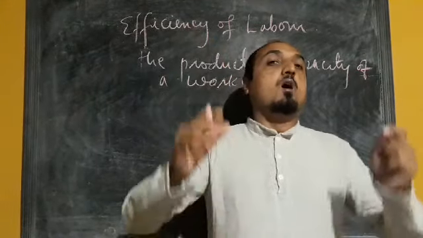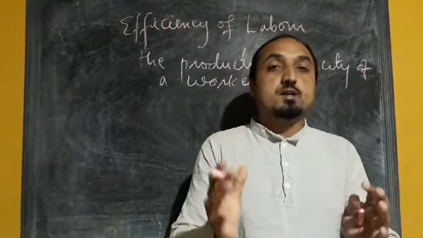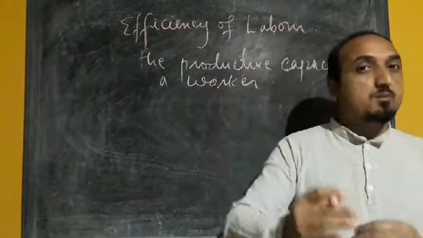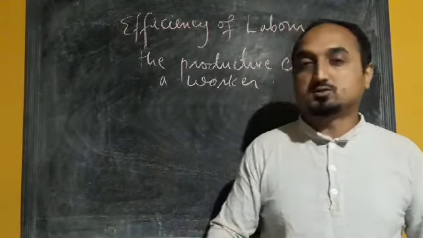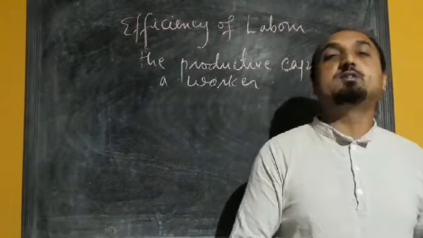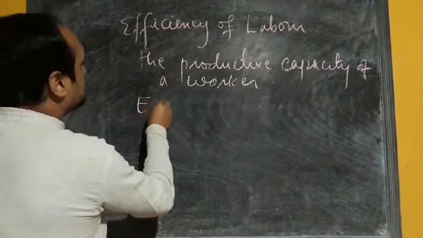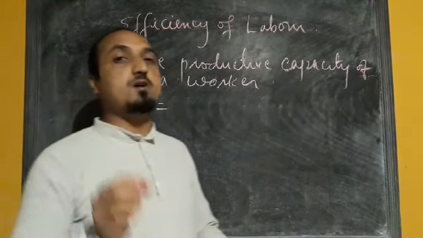That means how much time the worker is taking, or how smoothly the worker is able to produce that particular product. So we can represent efficiency of labor by a mathematical formula also, E. So E represents efficiency of worker.